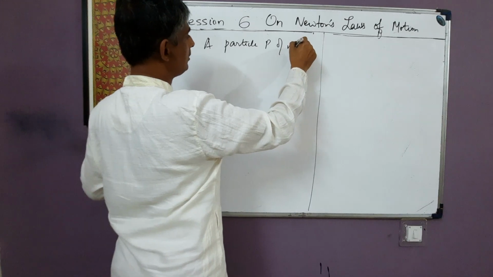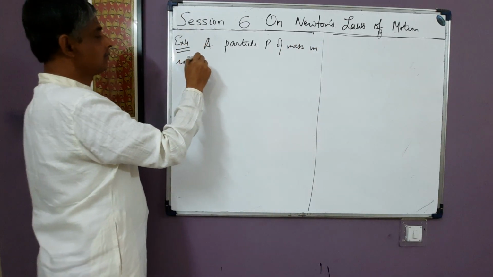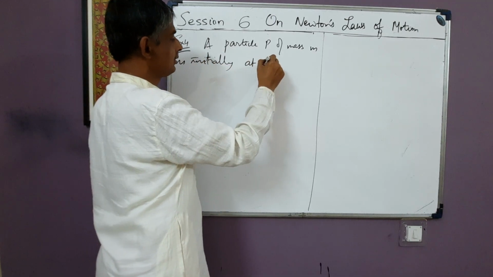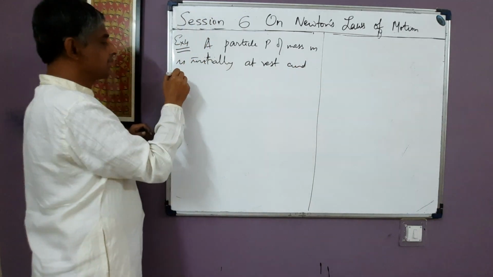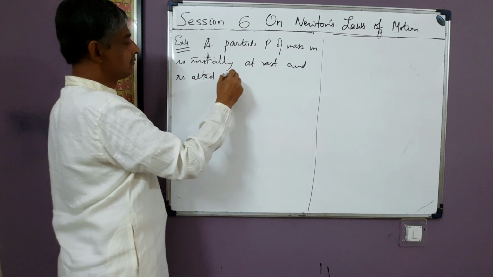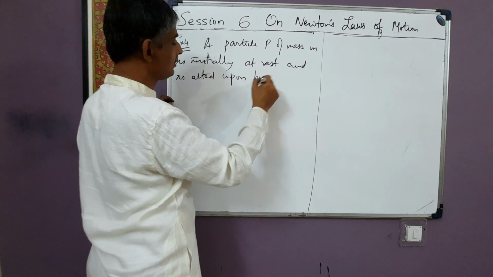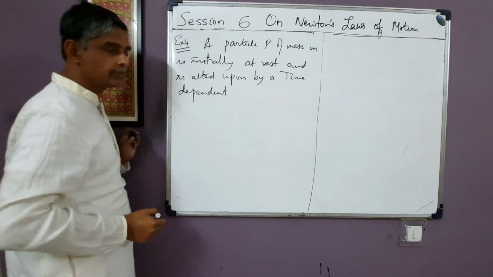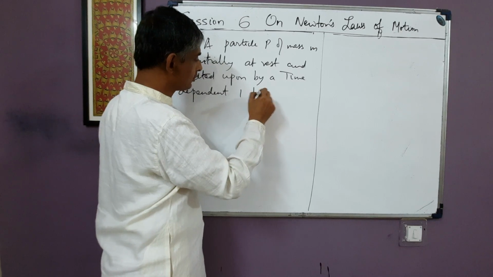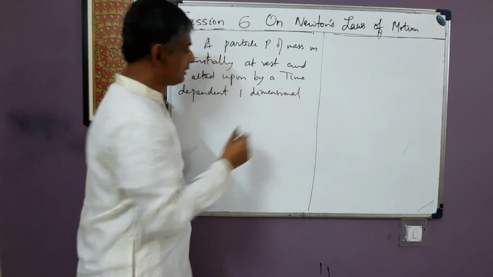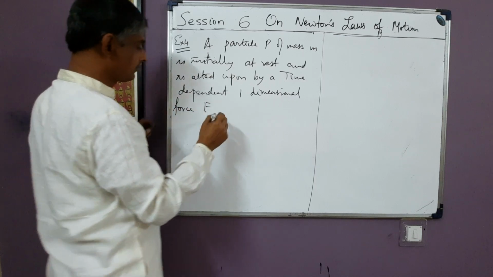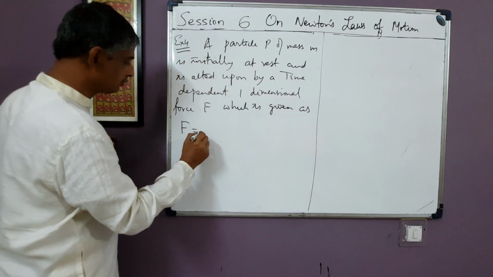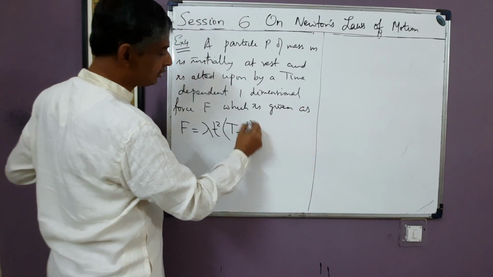A particle P of mass m is initially at rest and is acted upon by a time dependent one dimensional force F, which is given as F equals lambda t square into capital T minus small t.